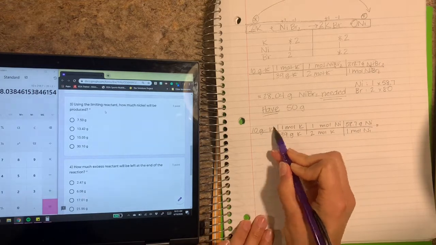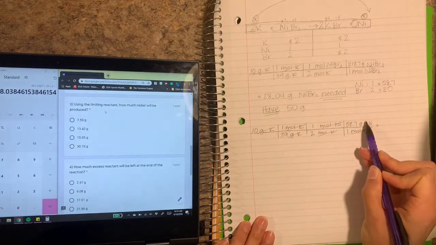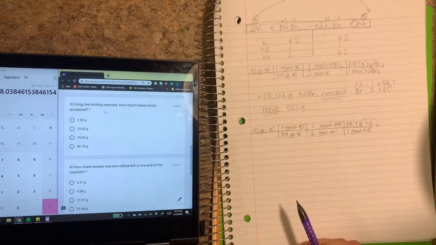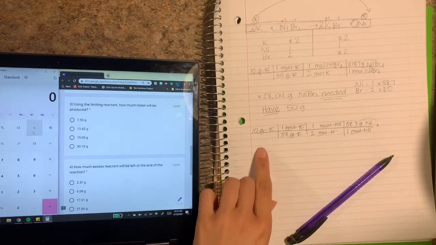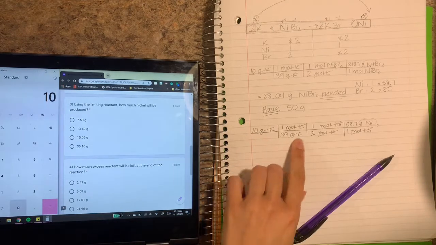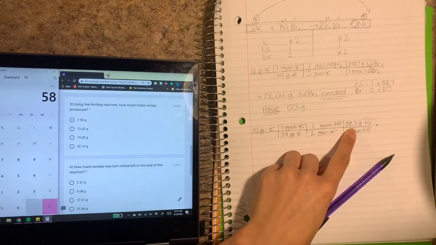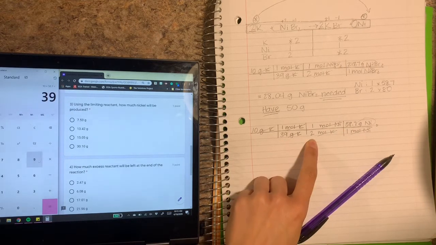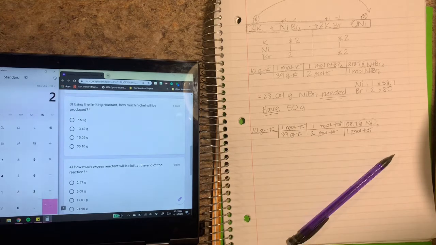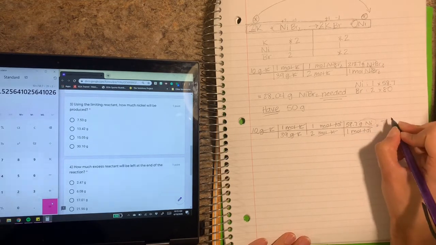Okay, so our grams of potassium cancel out, moles of potassium, moles of nickel, left with grams of nickel, which is what we want. That's what all these answers are in. So I am able to now plug it into my calculator. So I'm going to do 10 times 1 times 1 times 58.7 divided by 39 divided by 2 divided by 1, and I get an answer of 7.53.